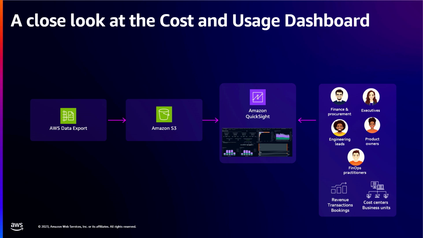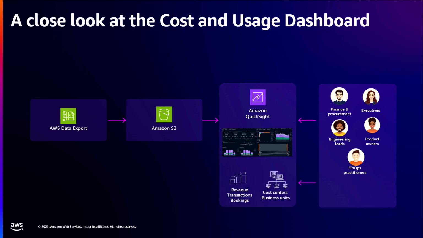So now, by leveraging QuickSight integrations with different data sources like data warehouses, relational databases, or S3, these stakeholders can bring this data into QuickSight and join with this summary view data set to combine their business metrics with cost and usage data to calculate unit cost or cost per customer or cost per transaction, depending on their business domain.